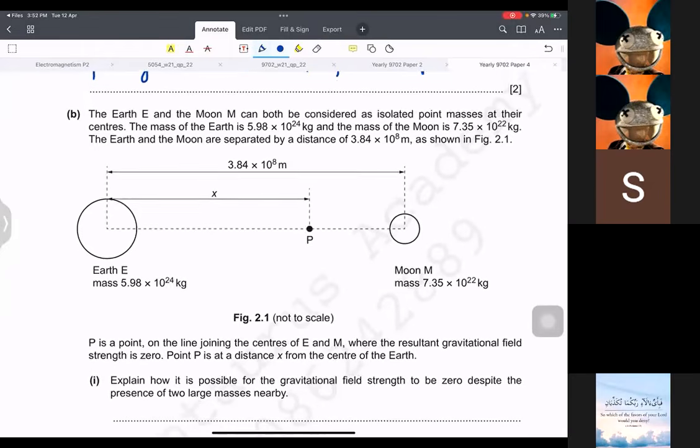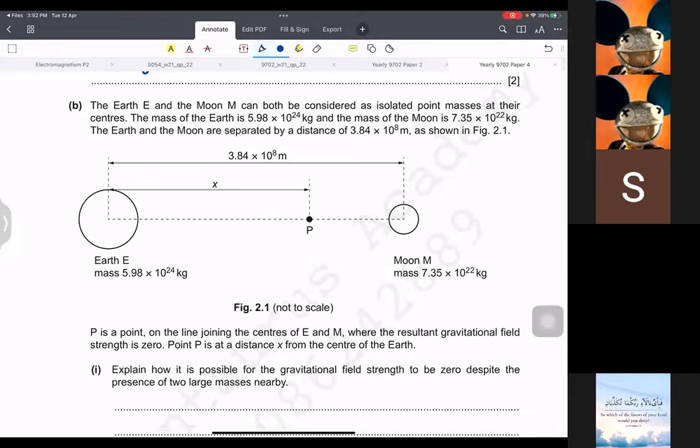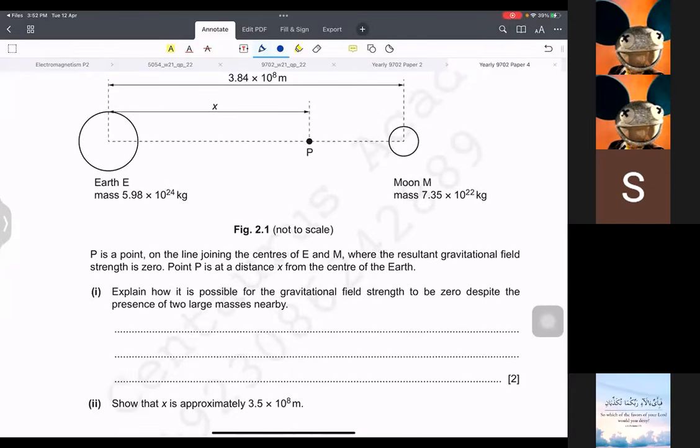Now, the Earth and Moon can be considered isolated. Okay, fine. So they have given us the distance and the masses. Point P is on the line joining the centers, where the resultant gravitational field strength is 0. So this is the null point, right? At the distance x from the center of Earth, how is it possible for the gravitational field strength to be 0 despite the presence of two masses nearby? So you guys need to understand that gravitational field strength is a vector. Number one.